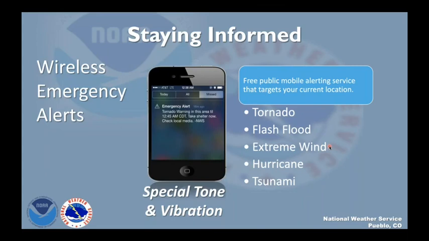We also have access to that with tornado, flash flood, any sort of thunderstorm warning, a severe thunderstorm warning. We also now use the snow squall warning. That should be included in this as well. So for example, up in Lake County, we issued one not too long ago, and in northern El Paso County, you would have gotten a WEA alert. It's redundant, a WEA notification on your cell phone.